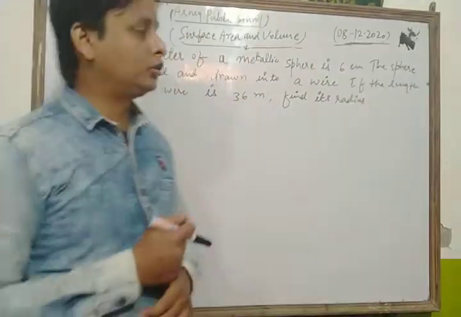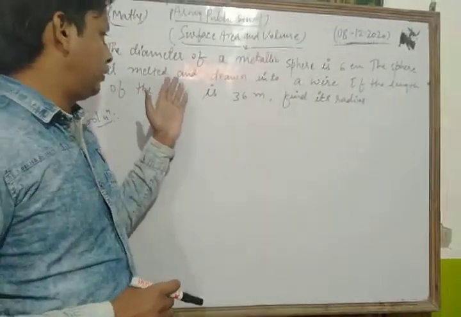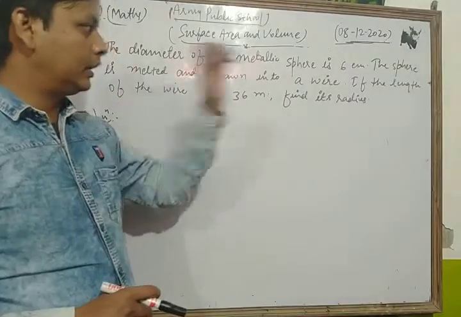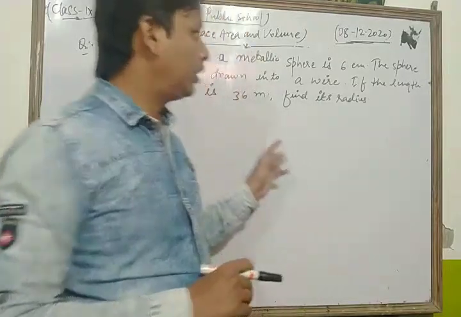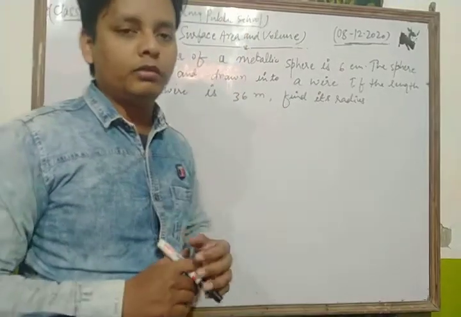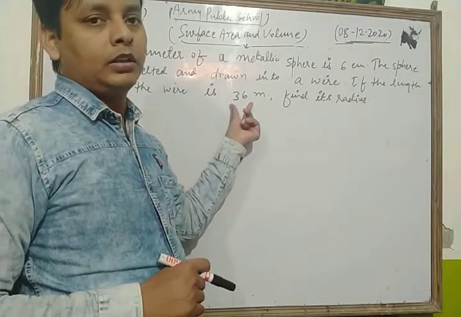This is also a very important question. In that question, the diameter of a metallic sphere is 6 and the sphere is melted and drawn into a wire. So the volume of the sphere is the same as the volume of the wire, and the length of the wire is given as 36.